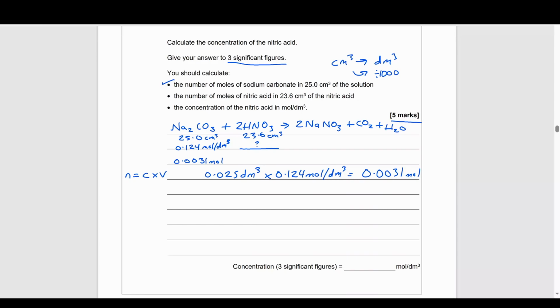But in front of our nitric acid, we actually have a 2. So that means for every 1 mole of sodium carbonate, we have 2 moles of nitric acid. So that's the molar ratio, 1 to 2. So if we have 0.0031 moles of sodium carbonate, we should have double that for nitric acid. So 0.0031 multiplied by 2 will be 0.0062 moles of nitric acid.